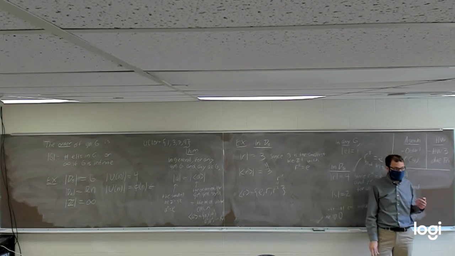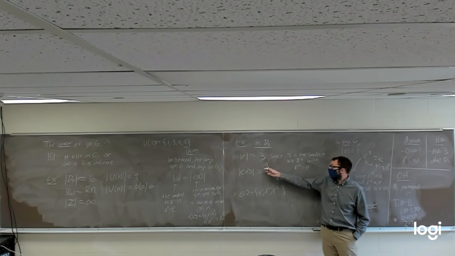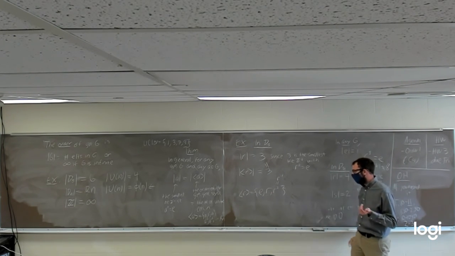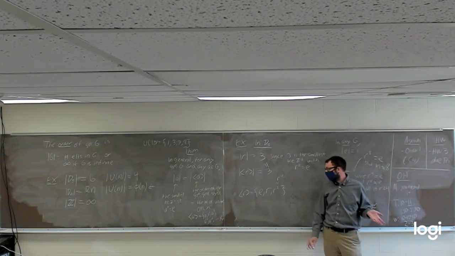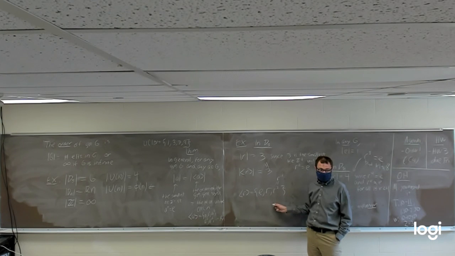Smallest positive integer that we can take R to the power of to get the identity. And it's also the number of elements in the group generated by R as a subgroup of D3, because that group had 3 elements, E, R, and R squared.